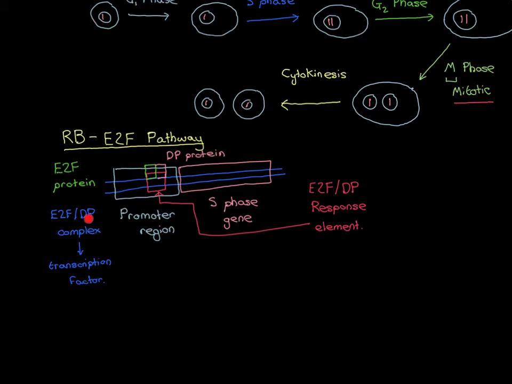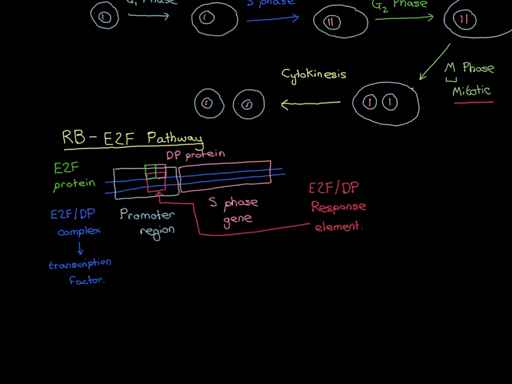And I've said that it's complicated. There are lots of different E2F proteins and lots of different DP proteins, so you can make lots of different E2F DP complexes. However, for our purposes, they all do the same thing, which is bind to these E2F DP response elements, so we're not going to stress the fact that there are multiple different types.